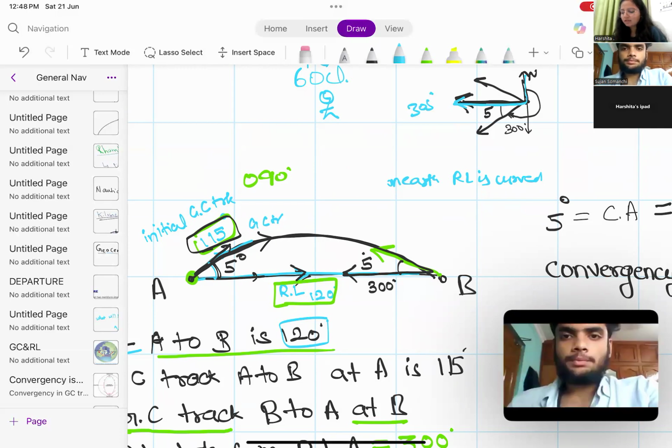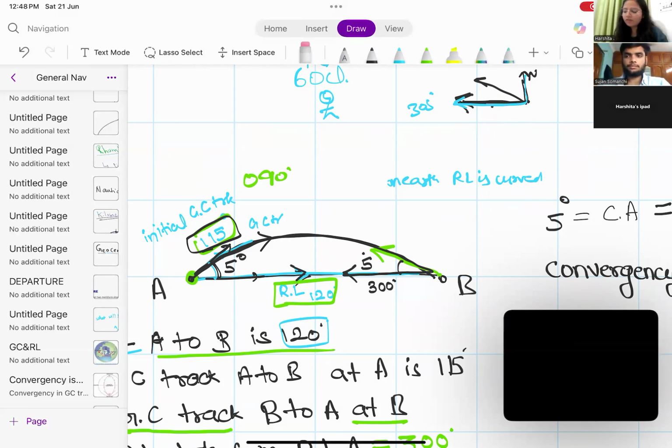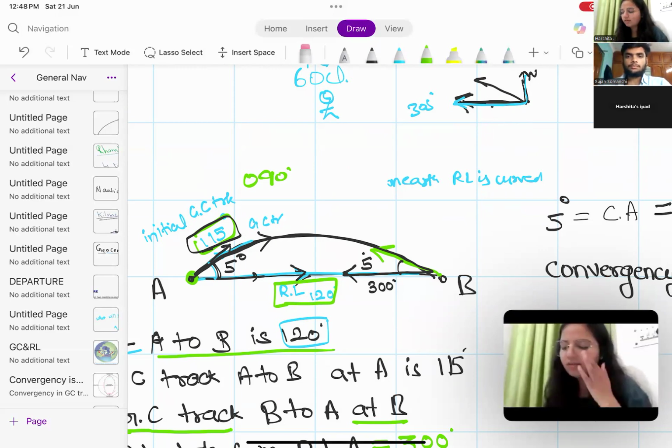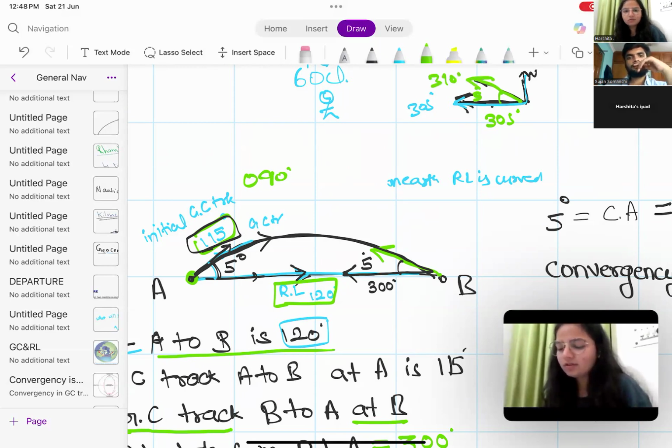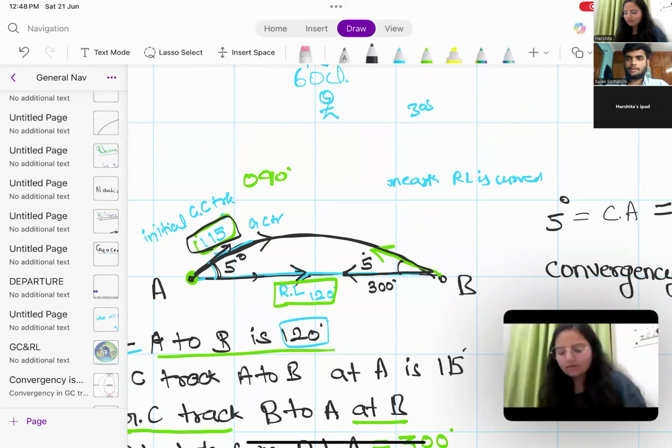Yes. Now, although it is not 305, it is 270, I'm just making a visual diagram. If it is 305 and I tell you that this is 5, this one will be 310. Just added 5 more, right? 5 more. Yes.